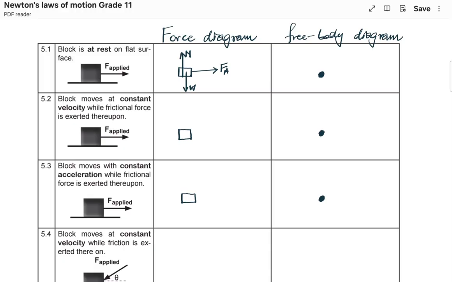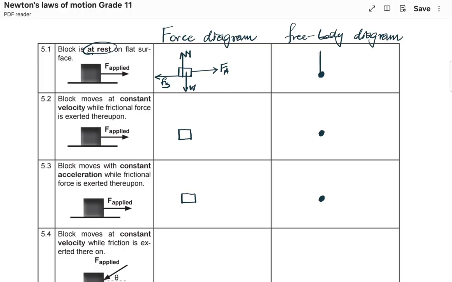So what I can have here in addition, although I don't want to add it, once it is at rest and there's a force applied, we can bring the concept of the static frictional force, which is in the opposite direction to that. The force applied will be equal to the static frictional force.